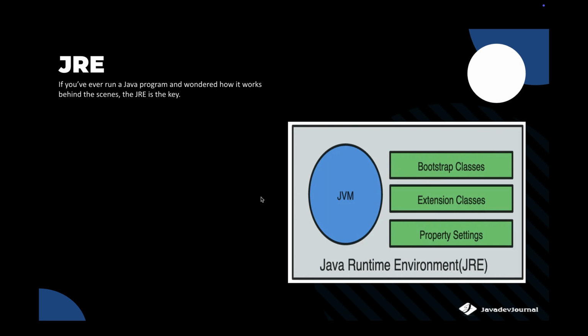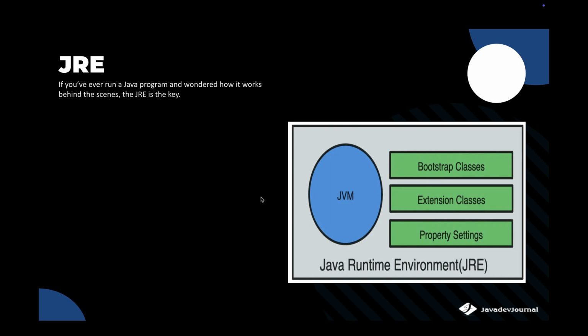JRE, again, is a package of the JVM and other things. The JVM does a few things for us. For example, it reads that bytecode and converts it into machine specific code, right? That's part of the JVM. But then the JRE has that part and needs a few more things.